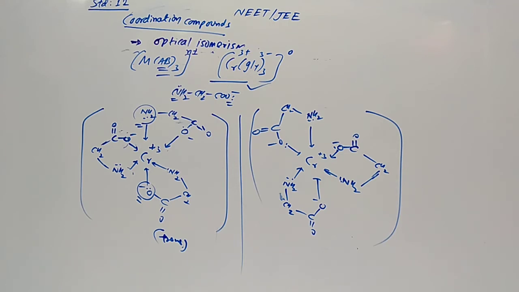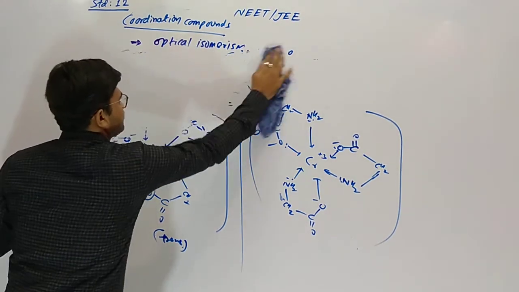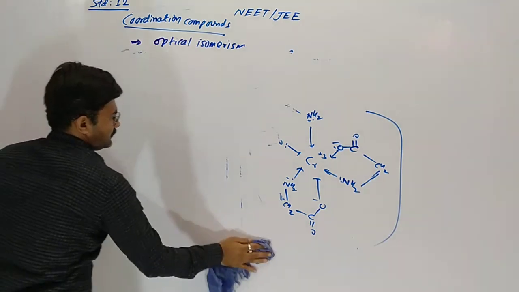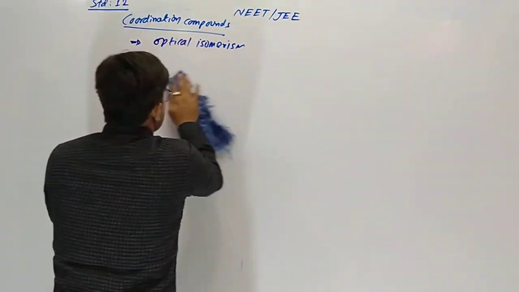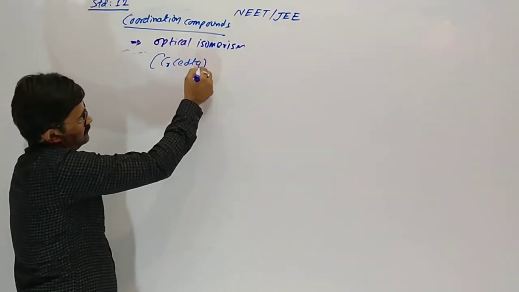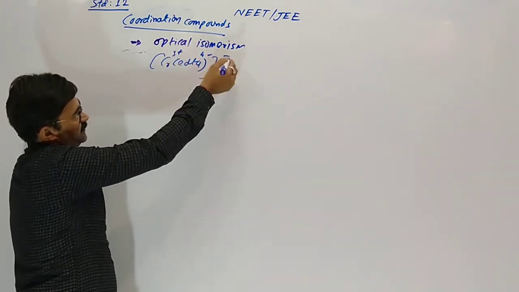Now, hexadentate ligand. In the hexadentate ligand, Cr-EDTA, here -4 plus 3, so -1.